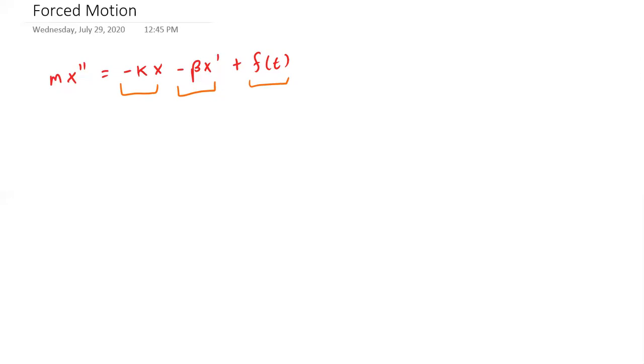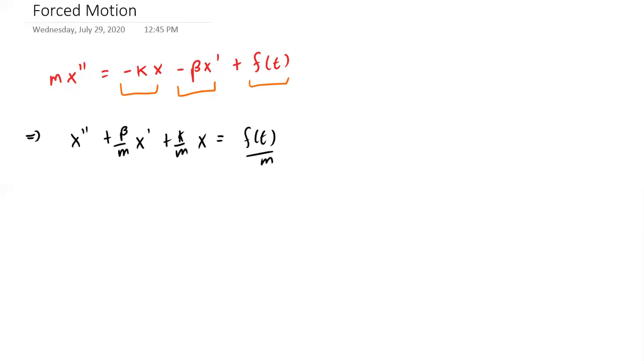So we can just go ahead and rewrite our differential equation. Add everything to one side, except for f of t, which we're going to leave by itself, and then divide by m. And what do we get? We get x double prime plus beta over m x prime plus k over m x equals f of t over m.